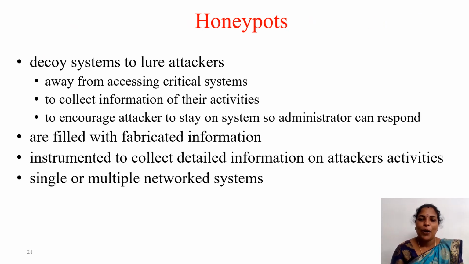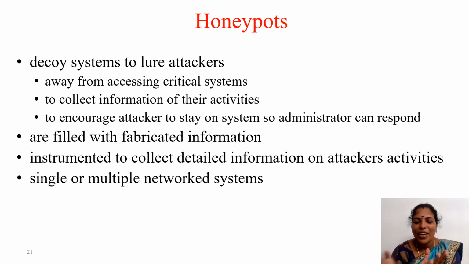Next is honeypots. From the name honey, honeypots are decoy systems to lure attackers. This is one method of detecting the intrusion. Honeypot means we are keeping a pot with honey, and insects come in.